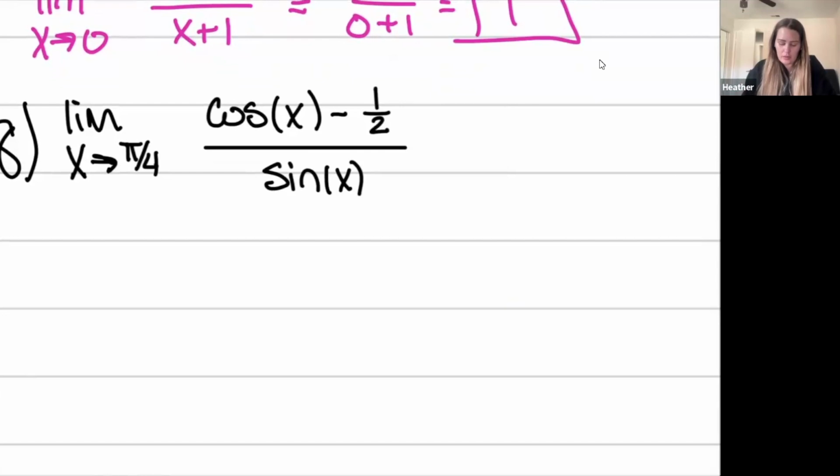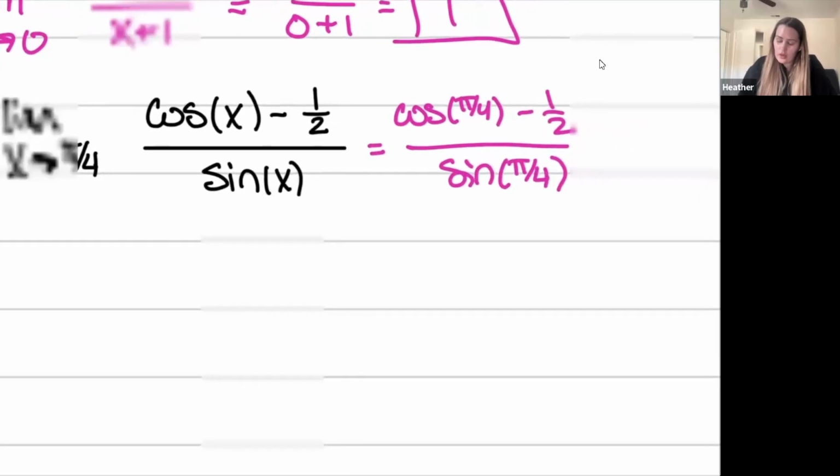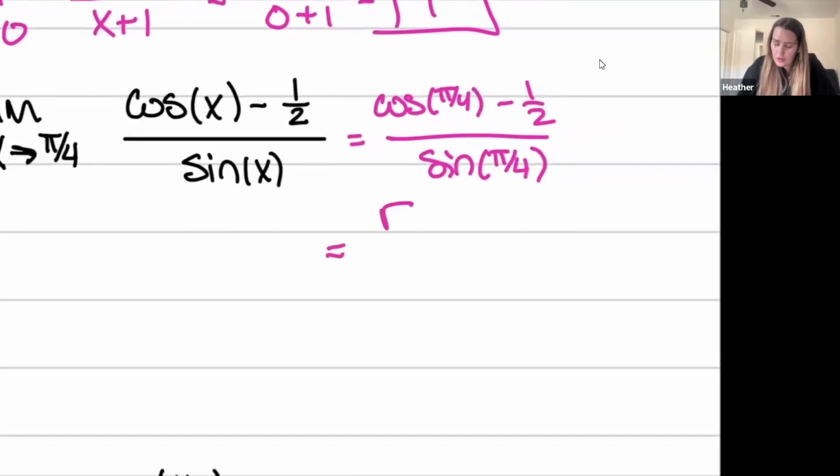All right, so plugging it in for direct substitution, I would have cosine of pi over 4 minus a half over sine of pi over 4. Cosine of pi over 4 happens to be root 2 over 2 minus a half over root 2 over 2.